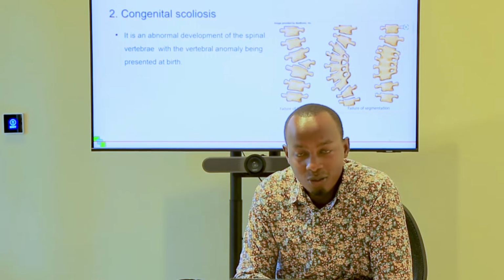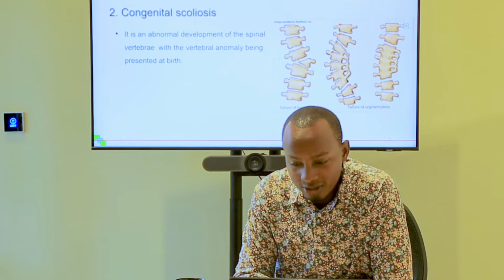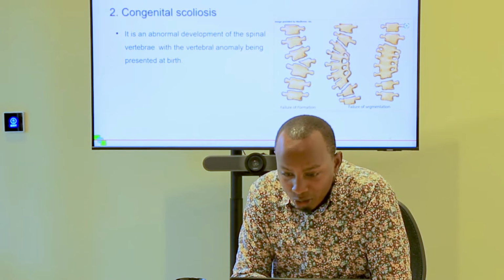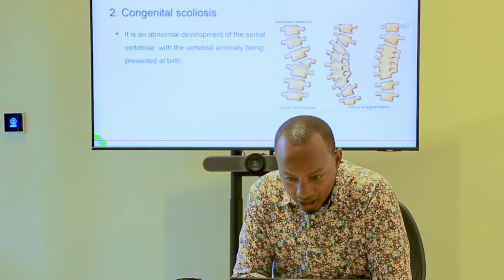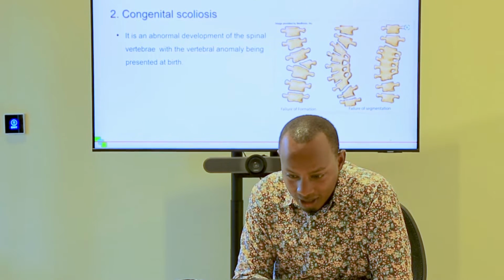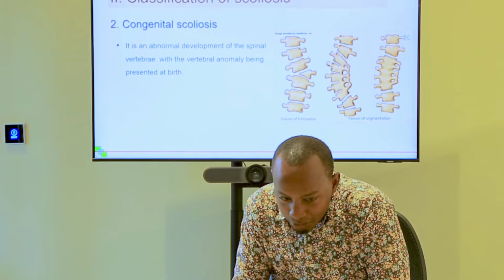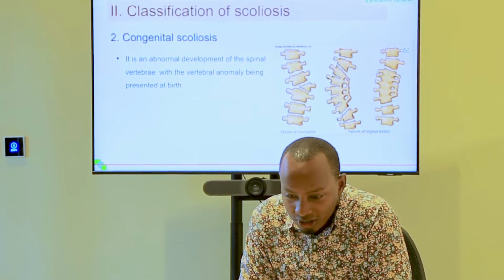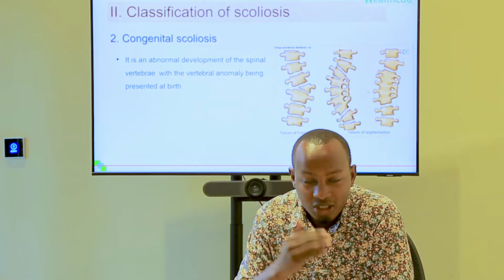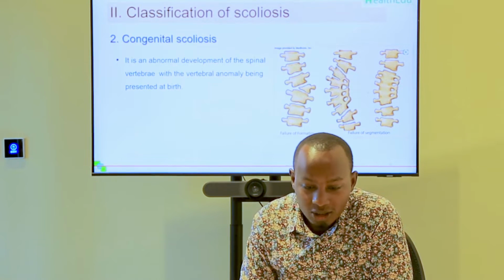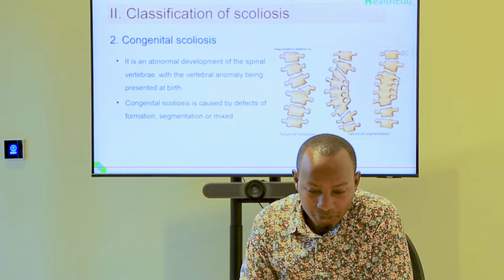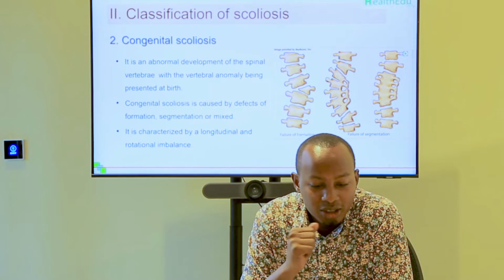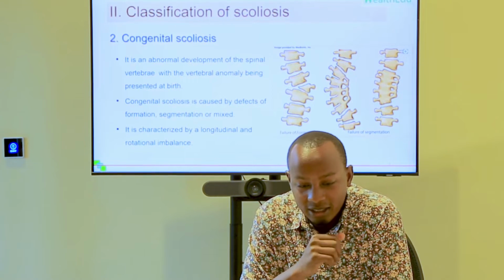Only half of it is there, so it developed scoliosis. In other conditions, some vertebrae are not segmented well, like on this side. And on the last side, we can see that the vertebral bodies are not segmented as they're supposed to be. So all these are congenital anomalies which lead to congenital scoliosis. It is characterized by longitudinal and rotational imbalance in the spine.